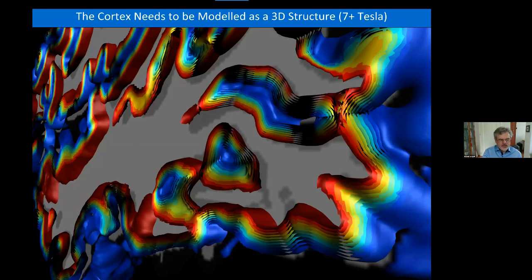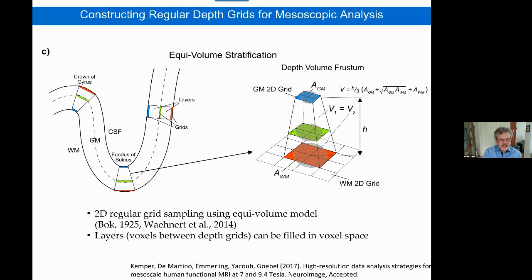With the obtained high-quality gray matter segmentation, we can now model the cortex as a 3D structure with 2 dimensions running along the cortex and 1 dimension running along the depths of the cortex. To achieve this, we model the cortical depths in this kind of 3-dimensional space by reconstructing inside gray matter so-called regular depth grids along any desired depth level.